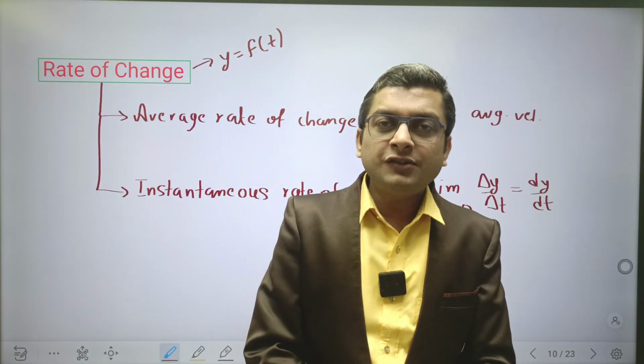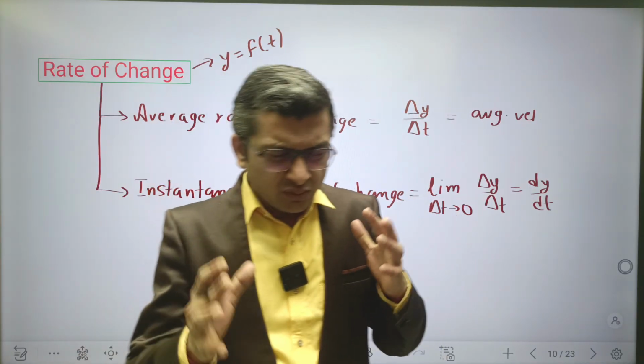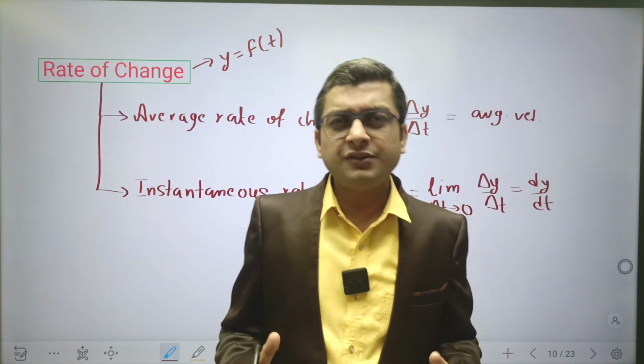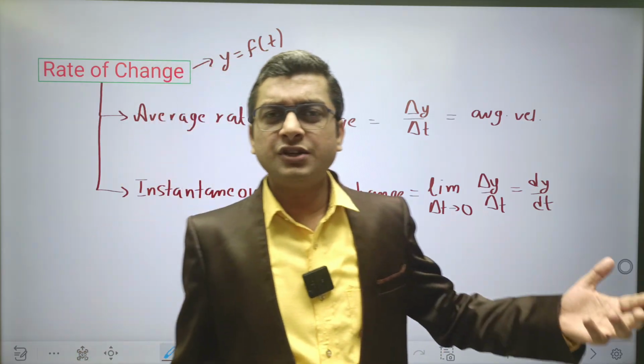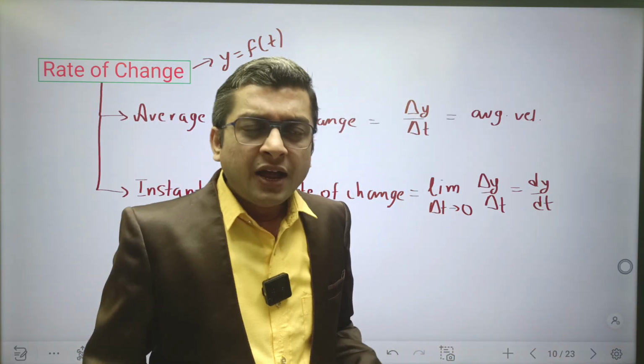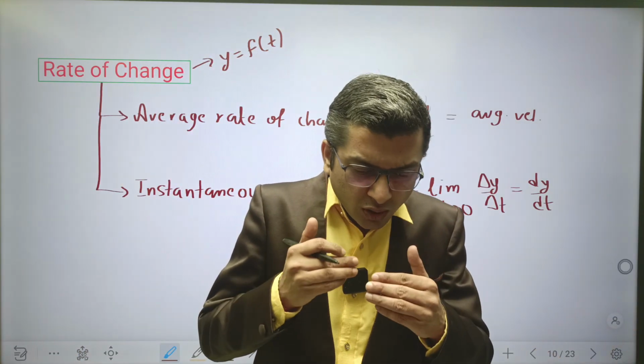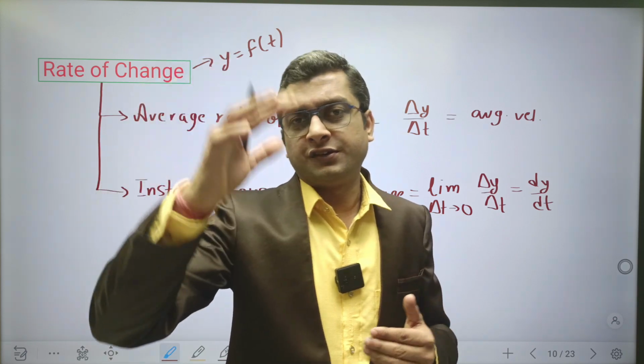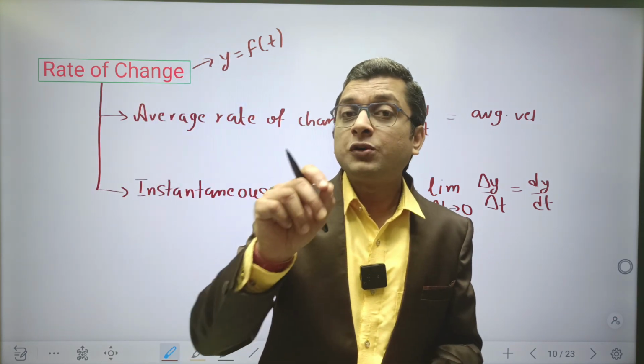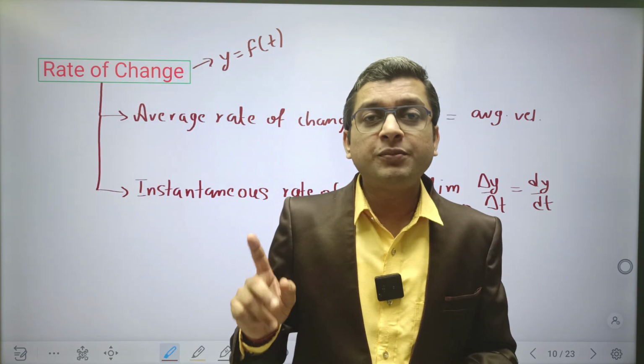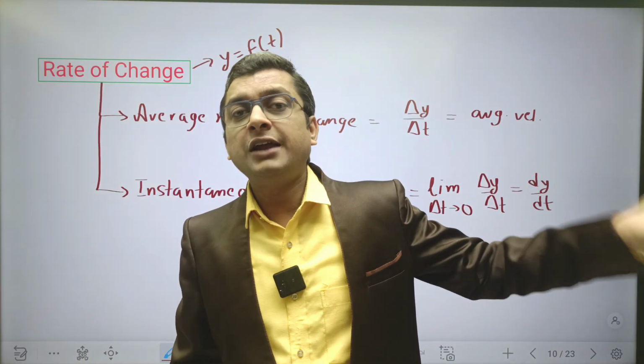Now suppose your speed becomes saturated, it means that you have reached 80 km/h, and now you are going with the same speed along the same direction. So your speedometer holds the same value, 80 km/h, let us say for 10 minutes.